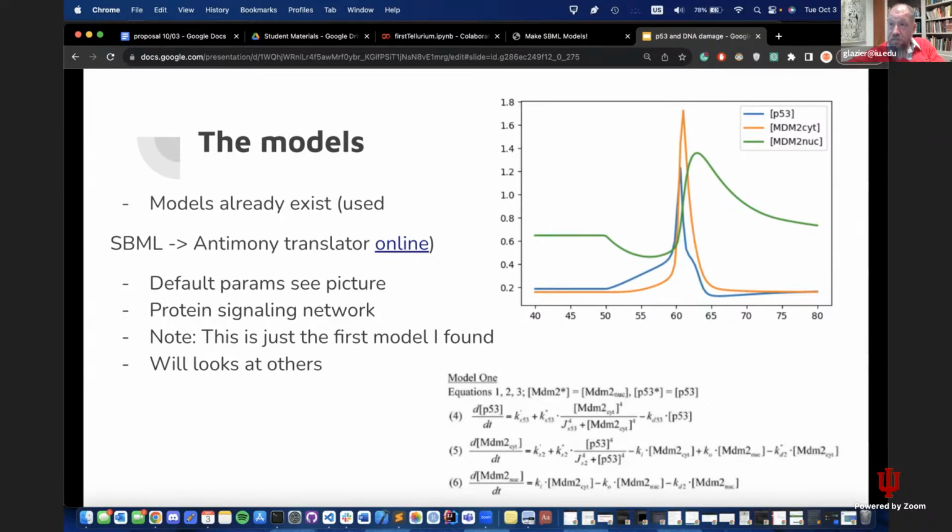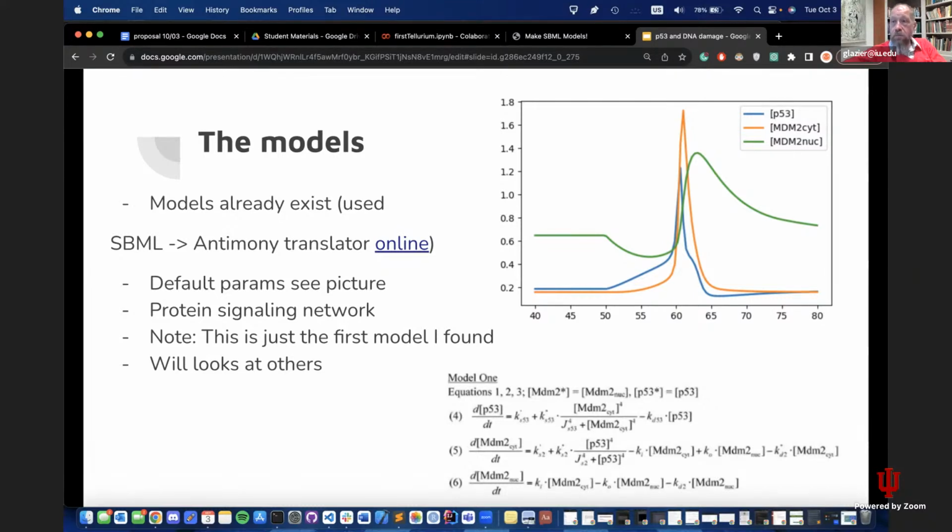We have decay of MDM2. But now we have one other thing that's happening, which we have not talked about, which we would normally talk about in the context of pharmacokinetic models. And this comes back to what I think Ibrahim asked about: what are compartments?